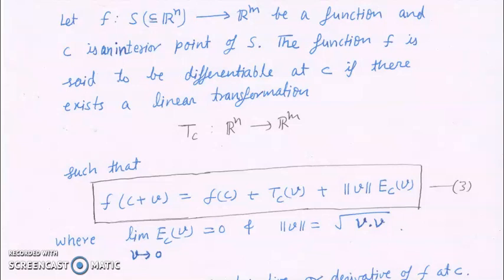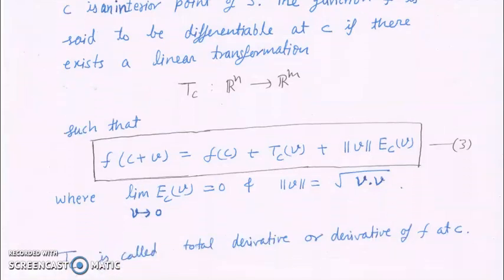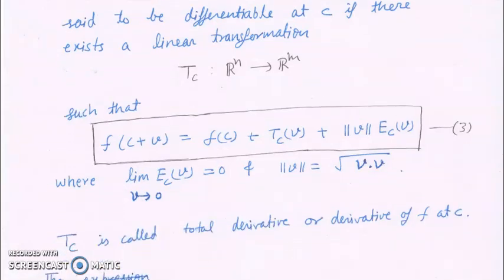Okay, this is the definition of differentiable. This is the definition of derivative or total derivative. So Tc is called the total derivative or derivative of f at c. So in place of a number, now the derivative is a linear transformation which satisfies this property.